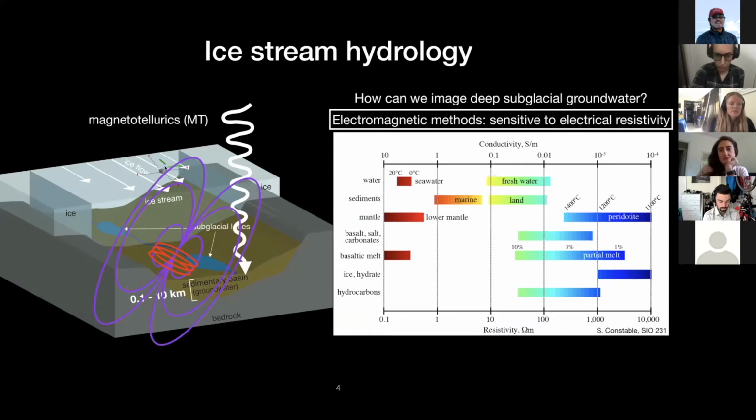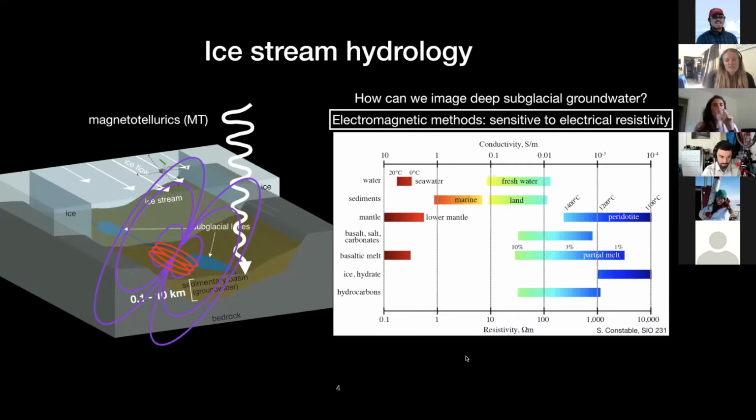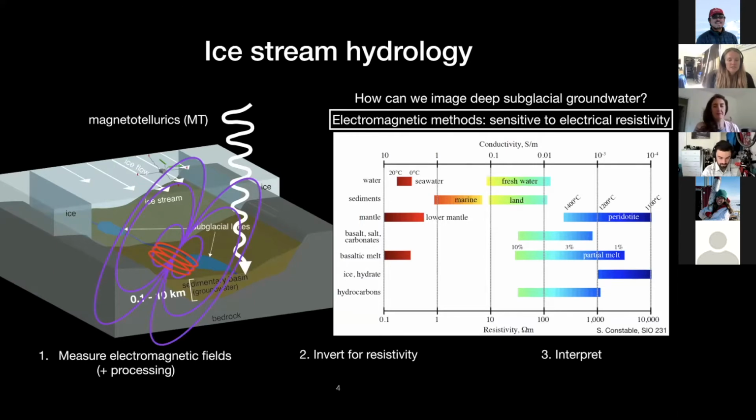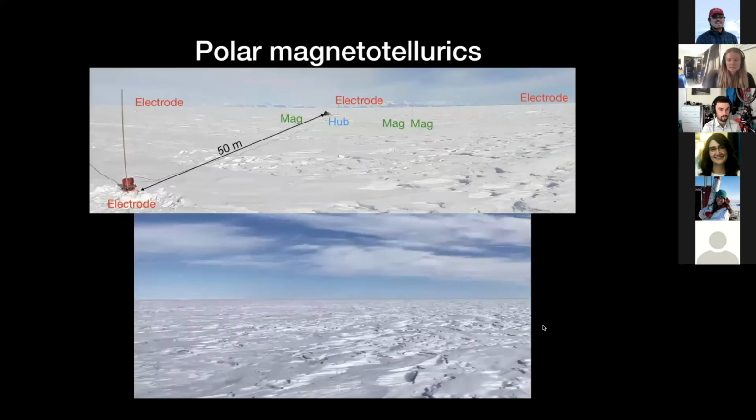So we can measure those electromagnetic fields with a receiver that we deploy in the snow, and then sort of back calculate to get resistivity and create a 2D model. So these are our steps: measure the fields, process those fields, invert for our resistivity model, and then interpret our resistivity model in terms of an earth property we're interested in.